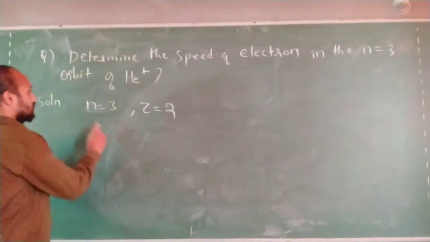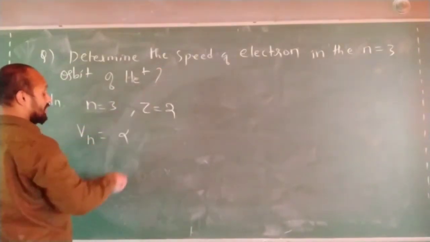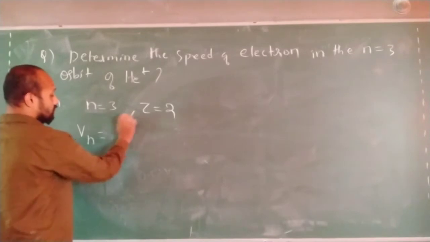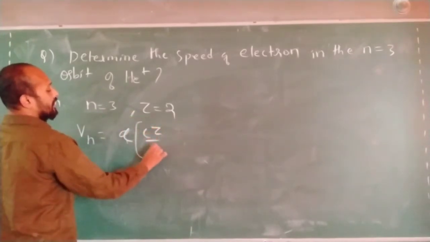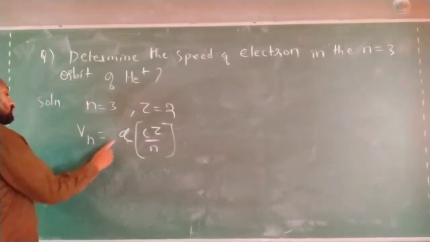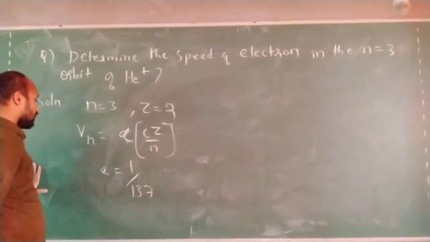Correct now? So Vn is equal to, as far as we know in the quantum analysis, alpha into c Z divided by n. Correct now? Where alpha is 1 divided by 137, a constant value, a pure number.